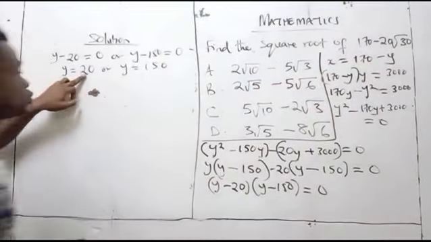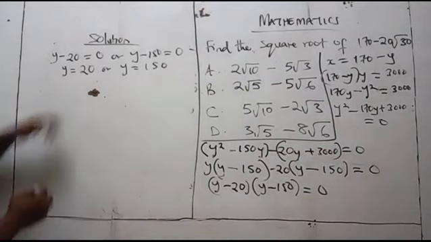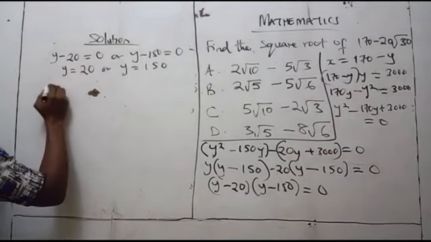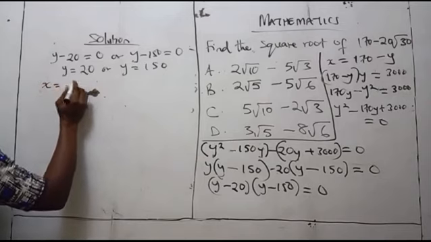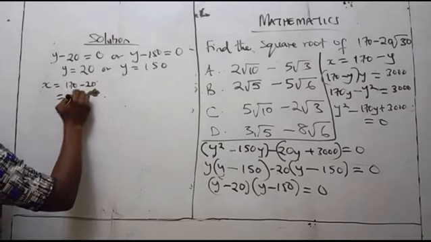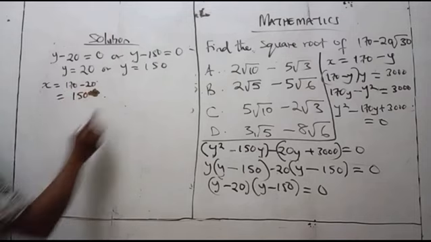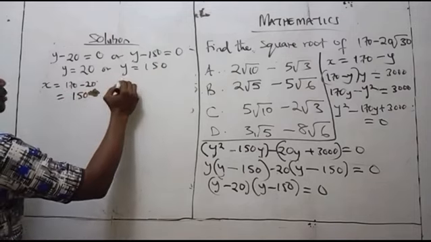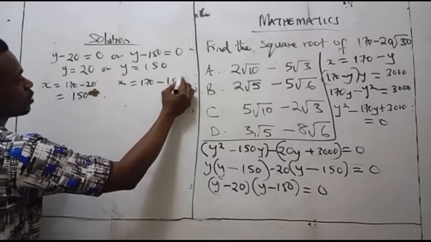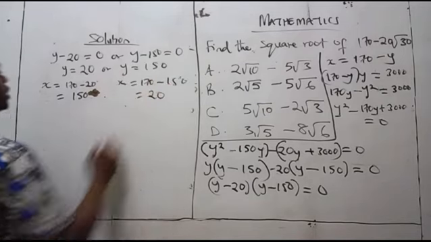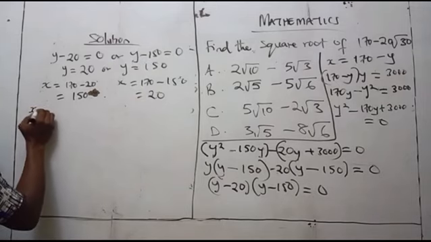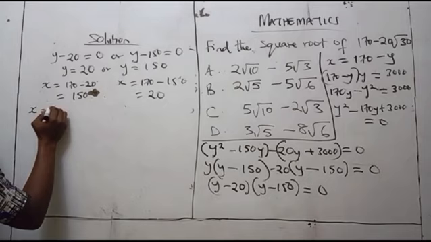So when y is 20, x becomes 170 minus 20, which is 150. Then when y is 150, x becomes 170 minus 150, which is 20.